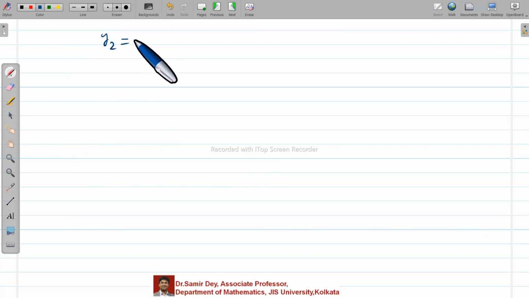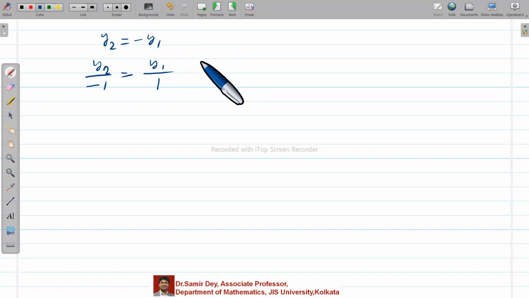So y2 is equals to minus y1. Okay, so you need to write y2 y1. So this coefficient should be here and this should be here. Clear or not? Clear?